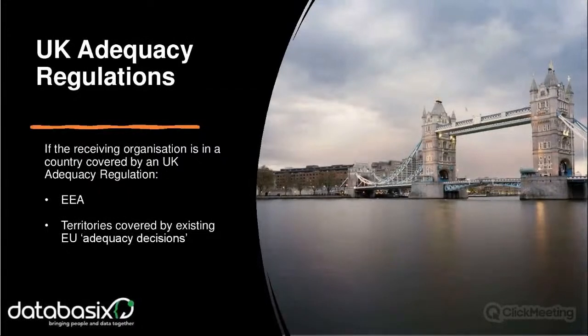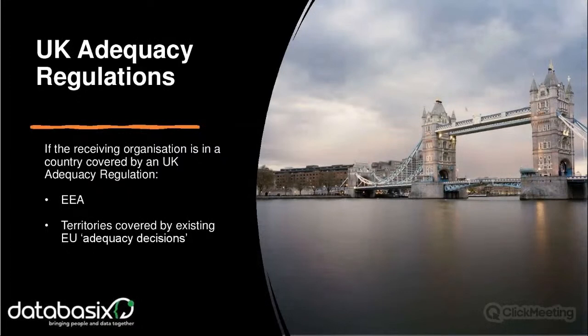Now, we have adopted all of the EU adequacy decisions, so data from the UK to the European Economic Area or to territories covered by adequacy decisions already. This is the likes of Japan, partial agreement with Canada, transfers to Australia, for example, are permitted.